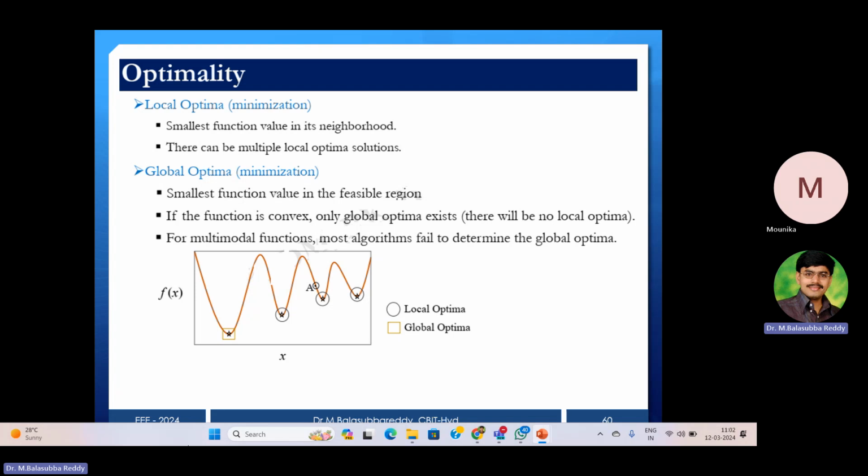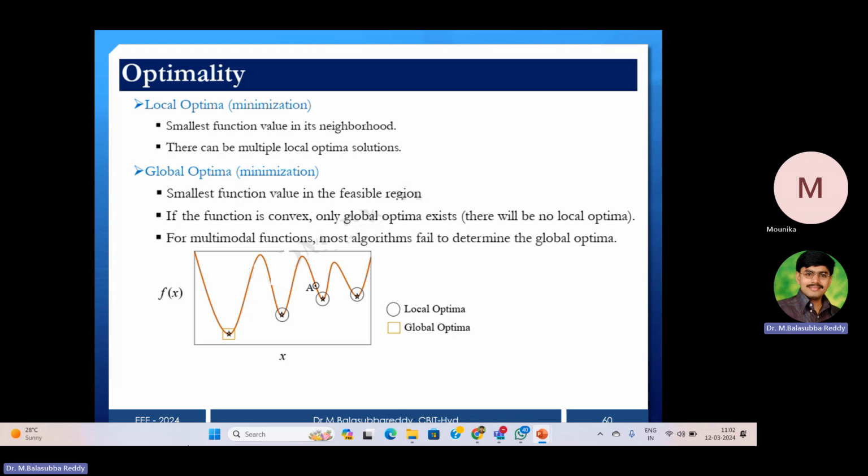For example, take class marks or class ranks. Who is the topper? That percentage we call a global optima, and an individual percentage we call a local optima. That is the analogy in a simple understanding way.